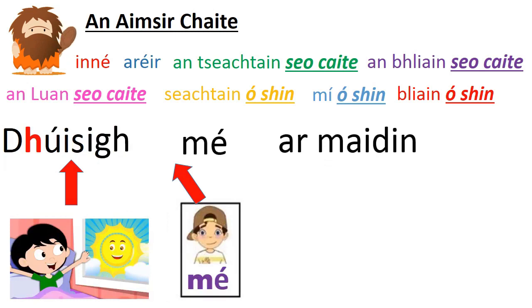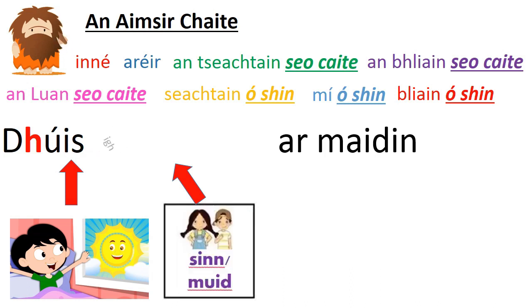Féachaimis ar an gceann seo. Dhúisigh mé ar maidin. I woke up in the morning. Arís caithfidh mé fáil réidh leis an dara seolaí, so slán abhaile, agus cuirim an dara íamar. Dhúisíomar ar maidin. We woke up in the morning.